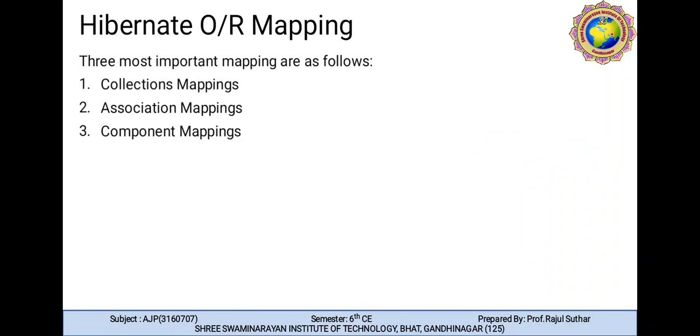ORM involves mapping of object oriented data to relational data. Mapping should be in a format that can define mapping of classes with tables, properties with columns, foreign keys and associations, and SQL type with Java type.